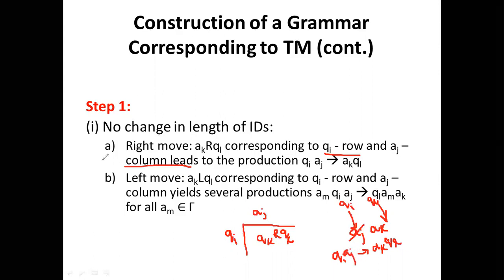So the right move A_k, R, Q_l corresponding to the Q_i row and A_j column leads to the production Q_i A_j to A_k Q_l.